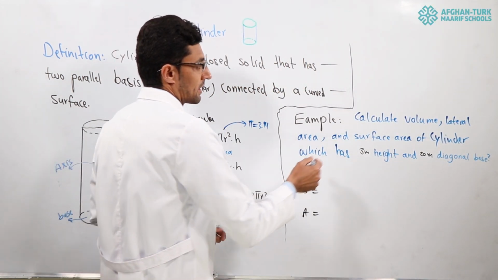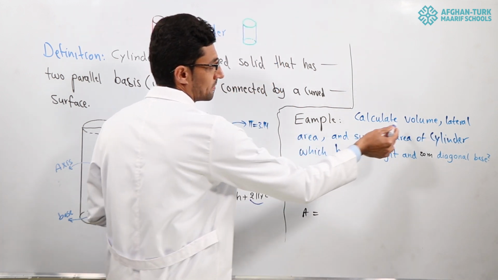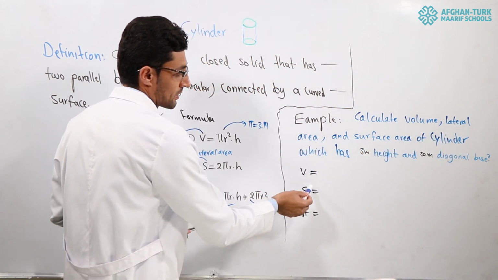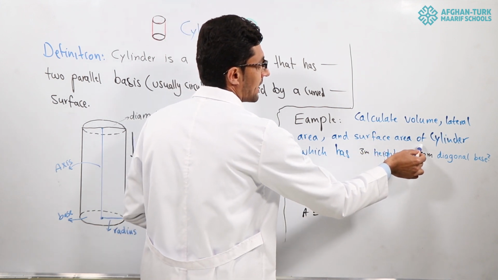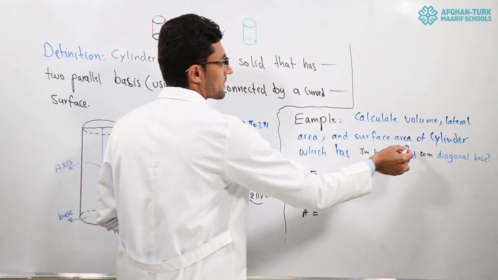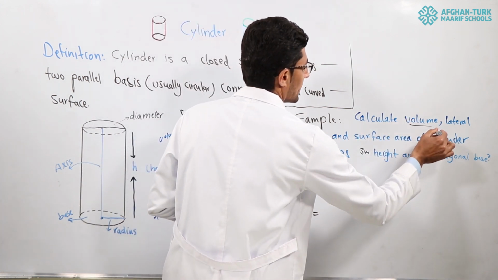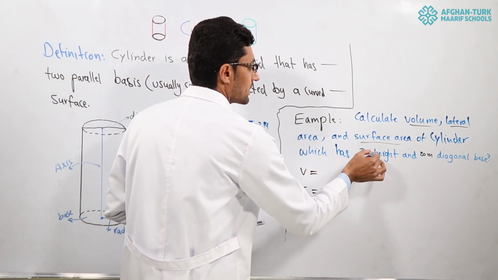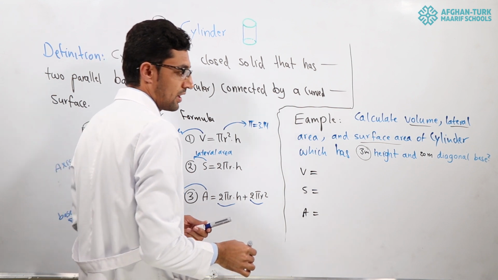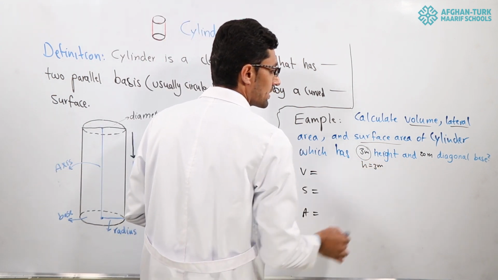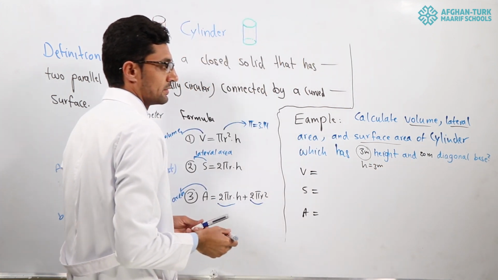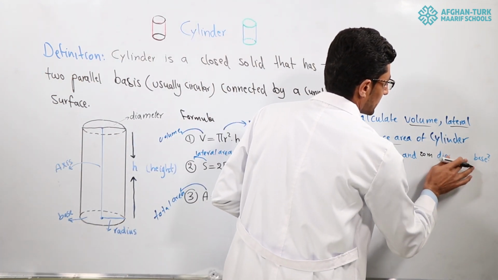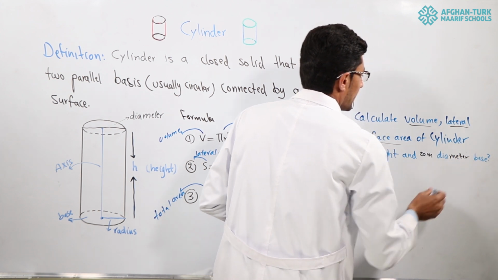Example: calculate the volume, which we show by the symbol V, the lateral area, which we show by S, and the surface or total area of a cylinder, which has a height of 3 meters, so h is equal to 3 meters, and a diameter of 20 meters.